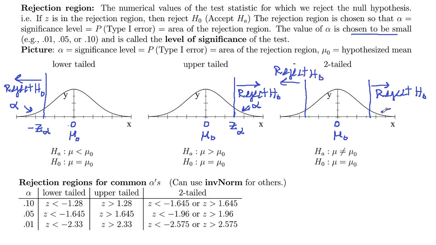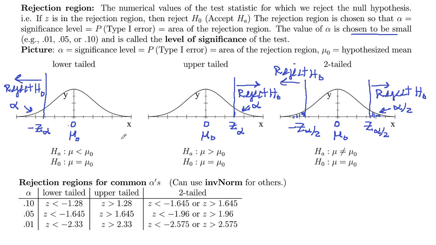Now, the alpha is the area of the rejection regions here and here in total, so that means alpha over 2 on each side. So this value is Z alpha over 2, and this is the negative of Z alpha over 2. And for the common values of alpha, those are these cutoffs. For 10%, plus or minus 1.645. For 5%, plus or minus 1.96. And for 1%, plus or minus 2.575.